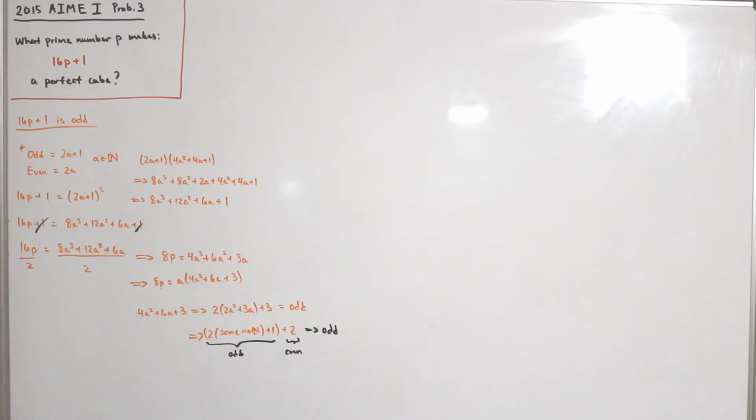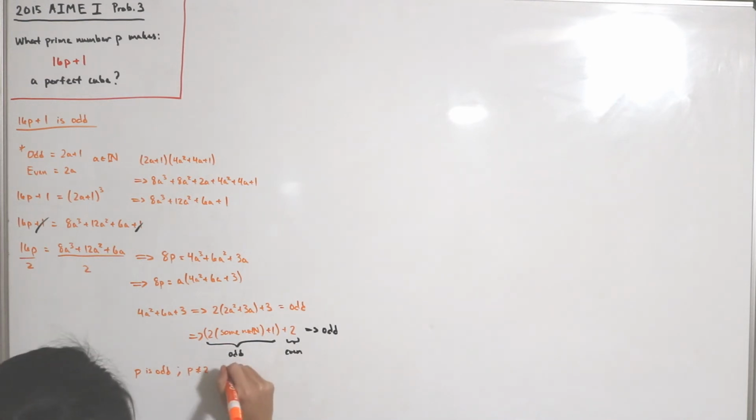And because the right-hand side is odd, then clearly for them to equal each other, the left side has to be odd. So that means p has to be an odd number, and you can see that because p cannot equal 2, since 2 is the only even prime number.